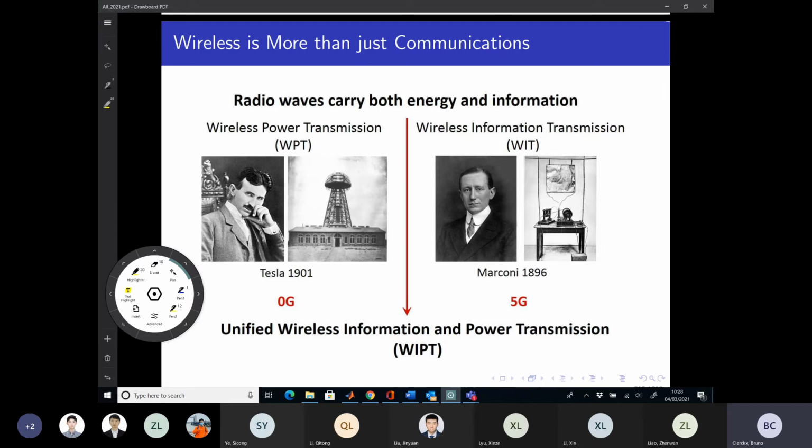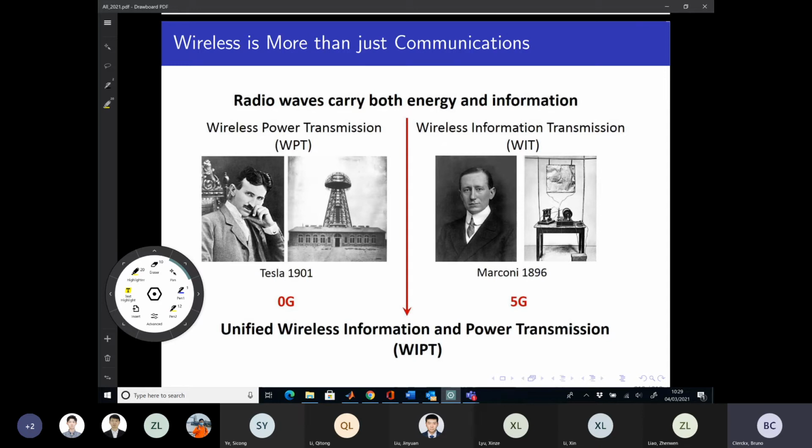One area is the joint design of wireless information and power transmission, so the joint design of wireless communication and wireless power transfer. One interesting thing is that wireless power transmission and wireless information transmission were studied or discovered around the same time by Marconi and by Tesla, more than 100 years ago.